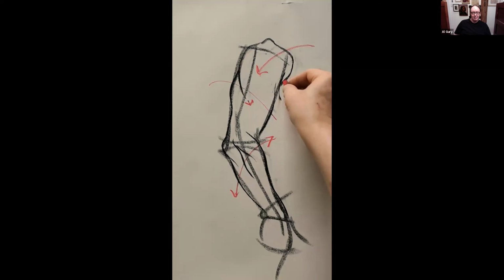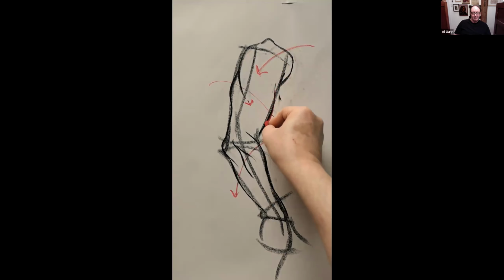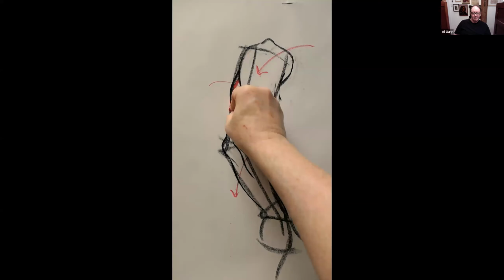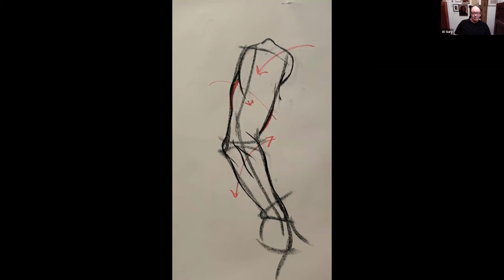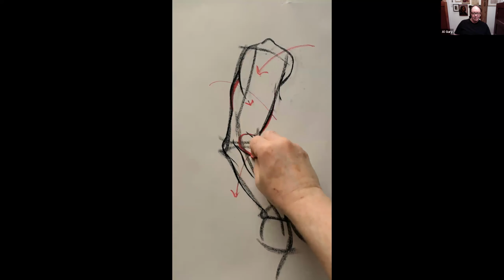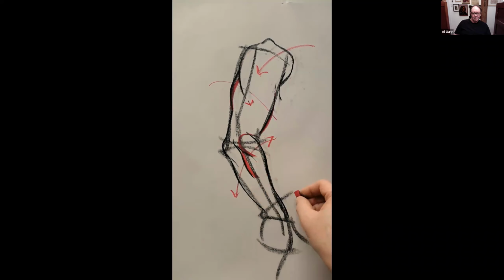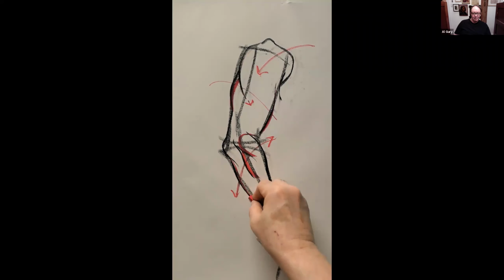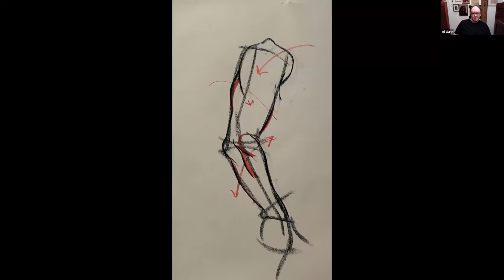The bicep, coming from its attachments on the scapula and at the head of the humerus, then has a low, heavy volume relative to a higher, slightly leaner volume of the tricep. The radial muscles, which rotate our hand, are high relative to the flexor, the heavy underbelly of the forearm, which is low.